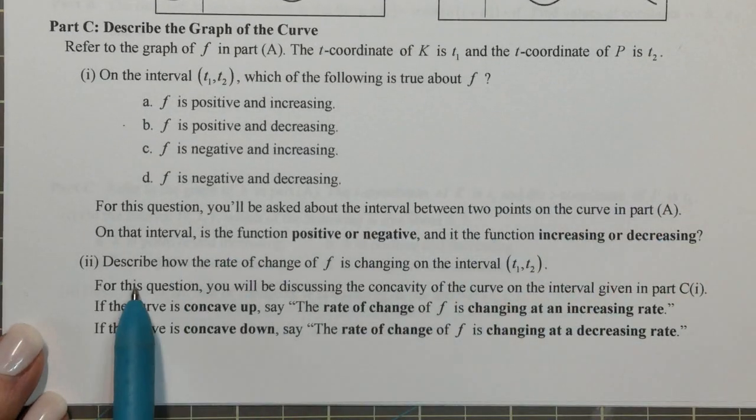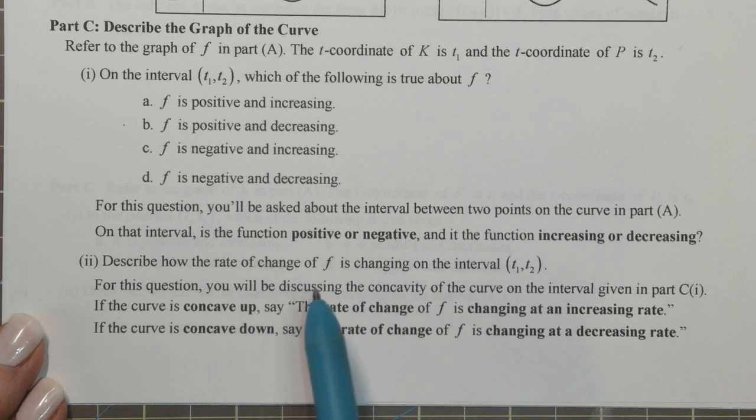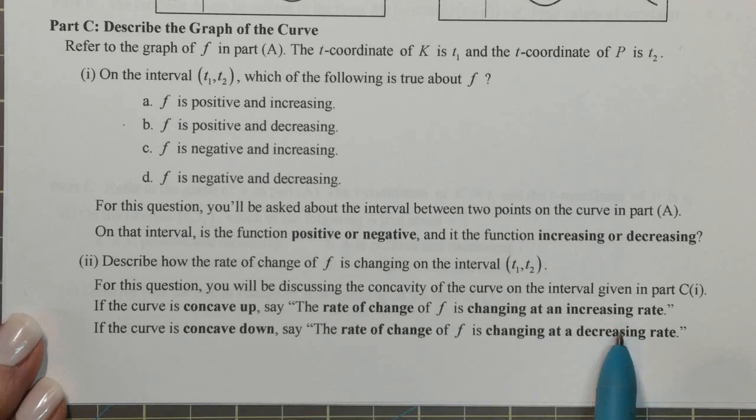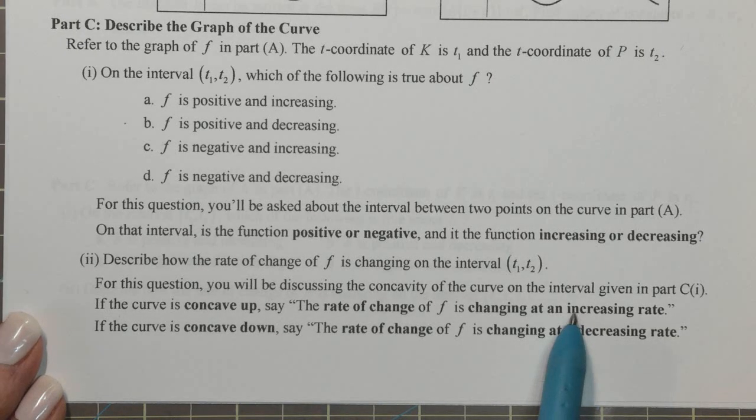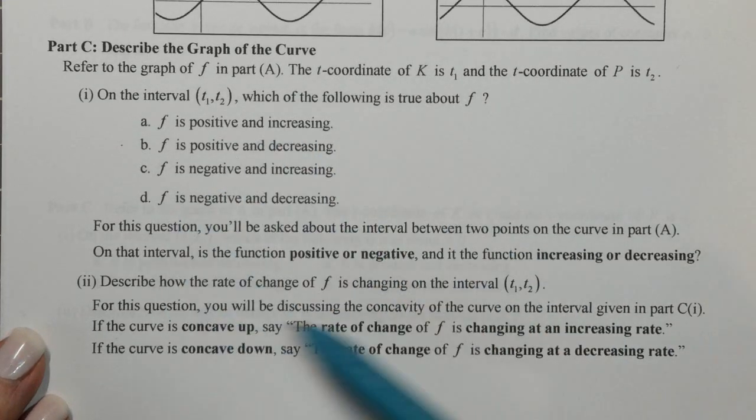And then in the next part, it deals with concavity. So if the curve is concave down, you'll say that the rate of change is changing at a decreasing rate. For concave up, the rate of change is changing at an increasing rate. So part C is by far the easiest of these 3 parts.